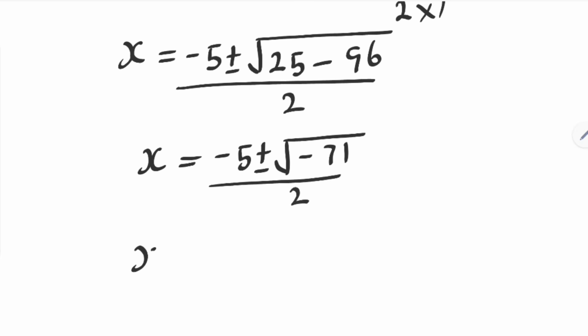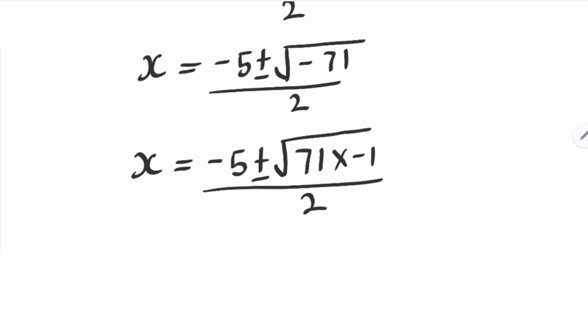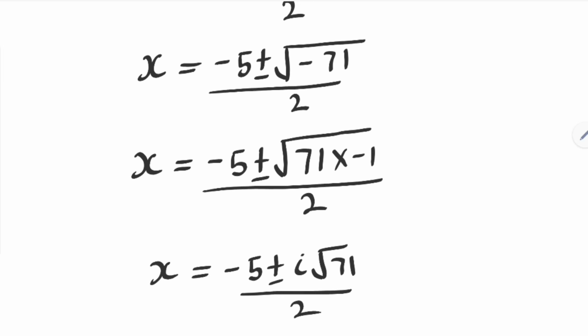Then s is equal to minus 5 plus or minus square root of minus 71, which can be written as square root of 71 multiplied by minus 1, over 2. s is equal to minus 5 plus or minus square root of minus 1, which is i, root 71 over 2.